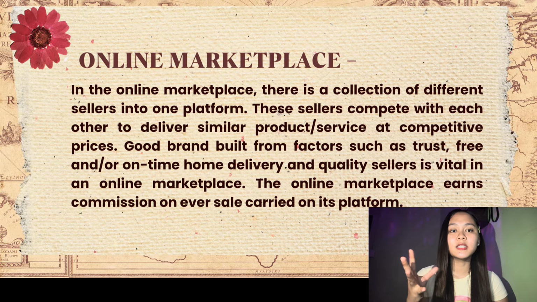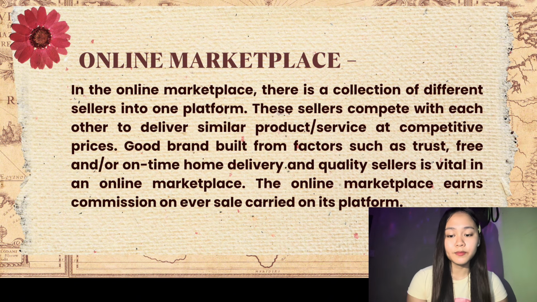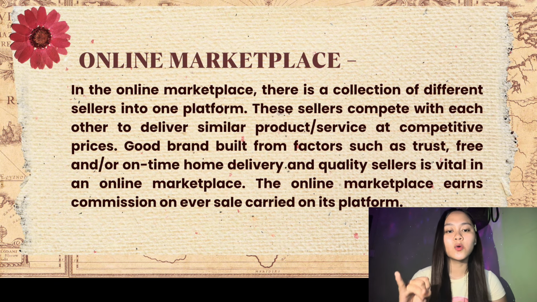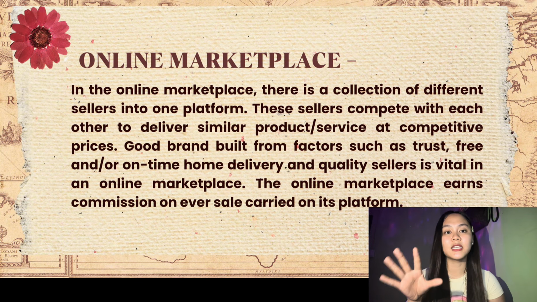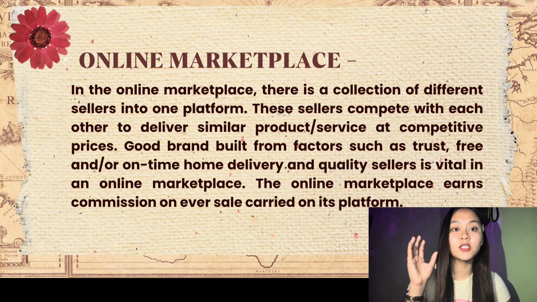So customers can visit one website or app and choose from many sellers who may offer similar products at different prices, creating competition. So, for example, is the Amazon. Amazon hosts millions of third-party sellers, and then Alibaba connects global buyers and suppliers.